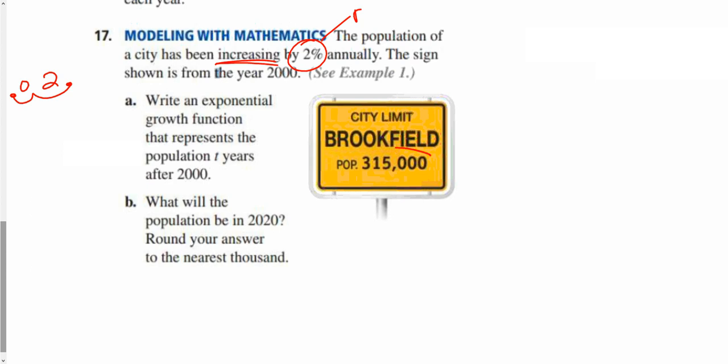The population of this city is 315,000. So if we're going to create a model for part A, looks like this is a population model. We're going to have 315,000, parentheses, 1 plus 0.02, and because it's a model, we just leave a T.